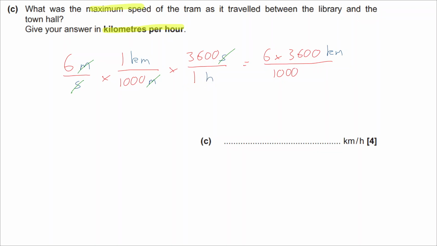So that's good. Put this into your calculator, and you get 21.6, and you've got kilometers per hour, which is the exact unit that you want, which is really good. So 21.6. There we go.